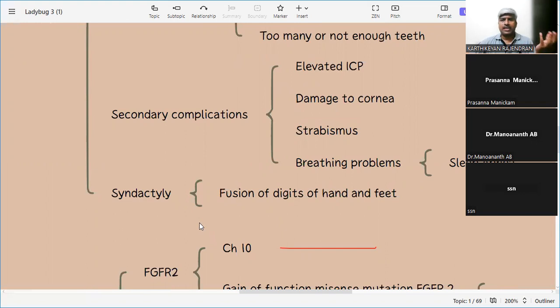Coming to the hand anomalies, we have fusion of digits of the hands and feet. Syndactyly is more specific to Apert syndrome. Craniosynostosis with syndactyly is called Apert syndrome, and hand and foot syndactyly is specific to it.